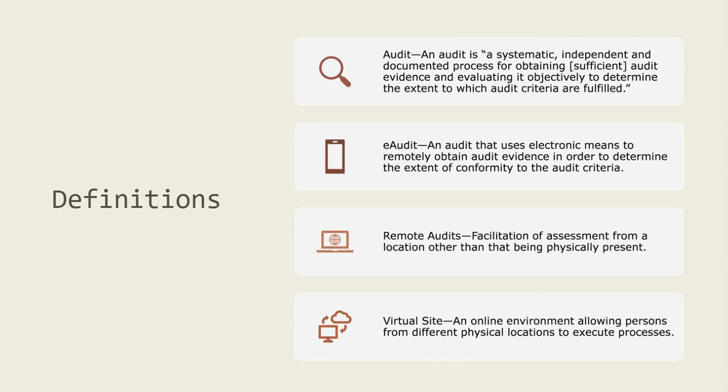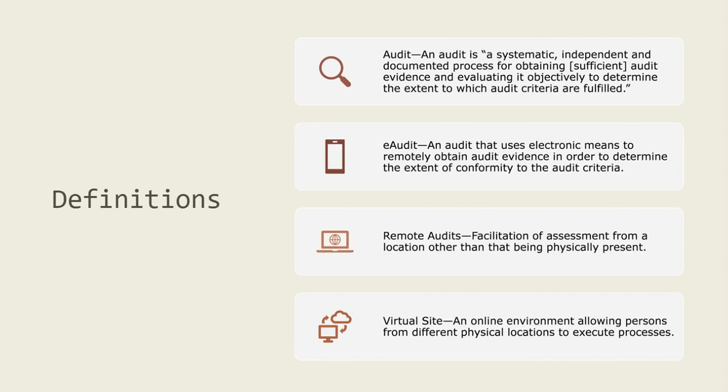So if we take a look at just an audit itself, this is what we're trying to do. It needs to be a systematic, independent, and documented process to gather information so that we know that information is credible and we can evaluate it against a standard or criteria.